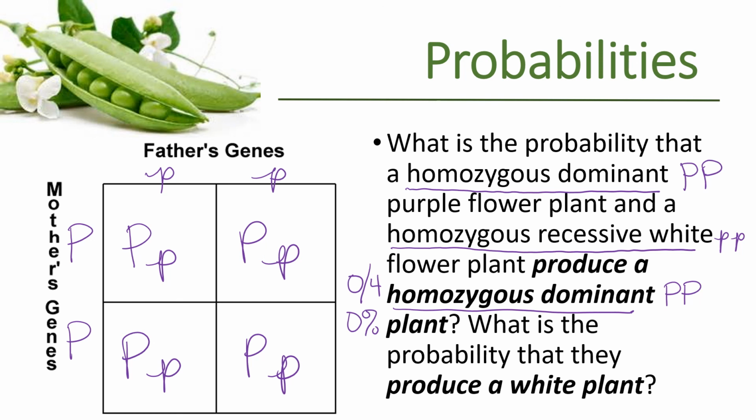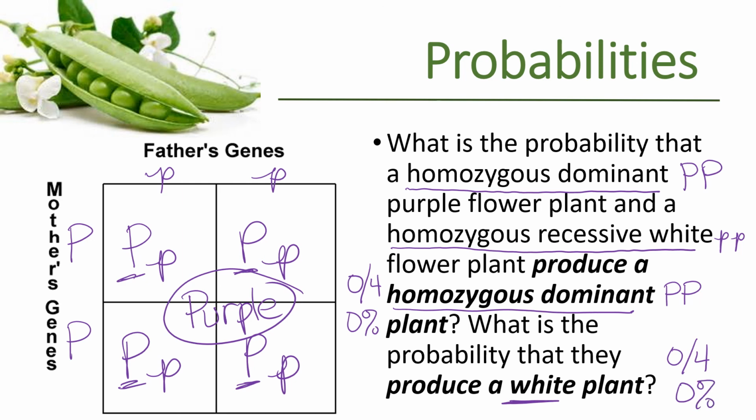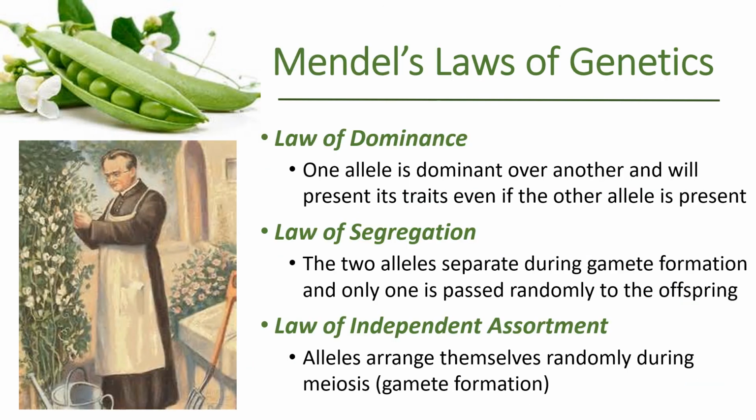Well, in this case, I have alleles that are dominant in every single case. So we're going to have purple flowers in every single case. So do I have any white plants at all? Once again, 0 out of 4 are going to be white, or 0%.